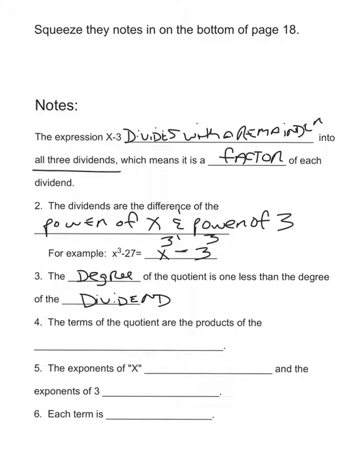All right, next, the terms of the quotient are basically the product of the powers of x and 3.